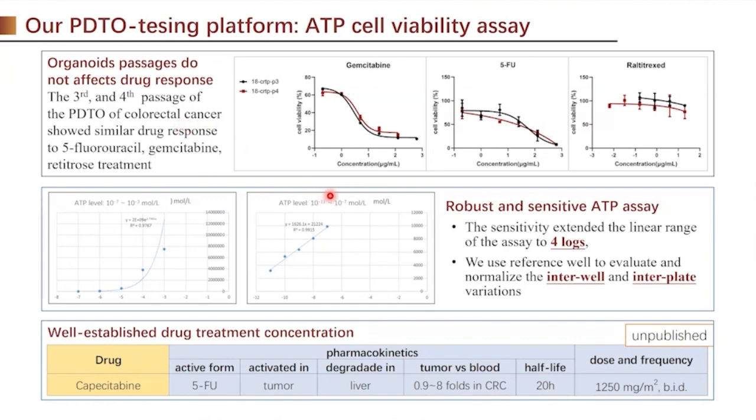The ATP assay also displays excellent performance because the sensitivity extends the linear range of the assay to 4 logs, and the well-to-well variation was controlled within 0.6%, and the plate-to-plate variation within 1%. We also established a drug exposure concentration formula that carefully considered data from published literature on population pharmacokinetics.